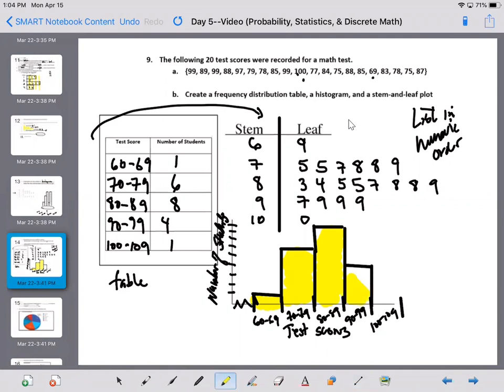And 100 to 109, there was actually 1 of them, very similar to the 60 to 69. So there would be your histogram, after we conducted our stem and leaf, which was after we conducted our table of data to organize everything.